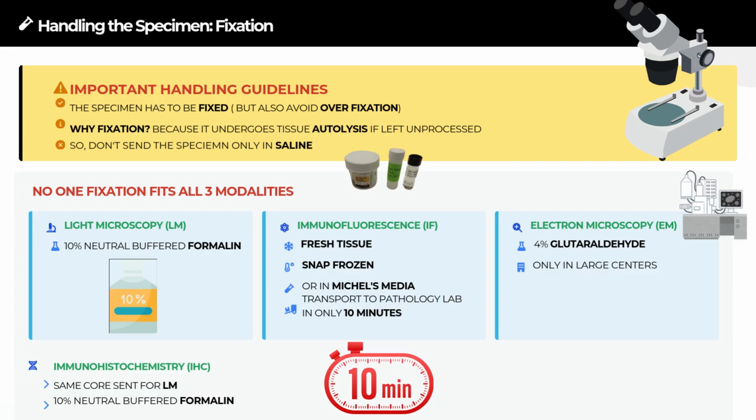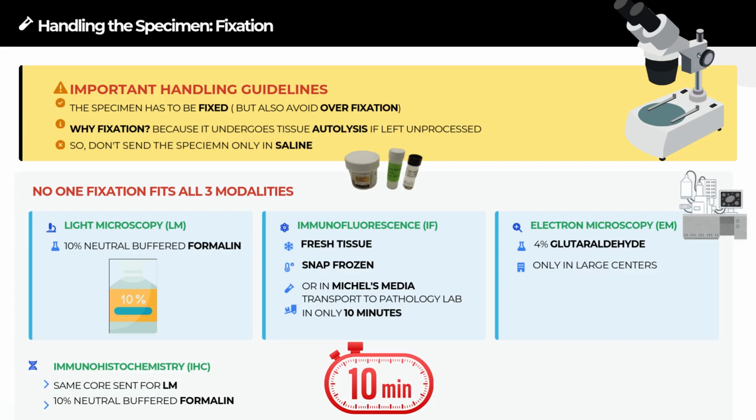For immunohistochemistry, the same core sent for light microscopy is used, which is 10% neutral buffered formalin. Michel's media is not actually very effective. It's buffered saline that contains some protease inhibitors that prevent immune complexes from falling apart, but it doesn't prevent autolysis, so the tissue cannot stay there for a long time.